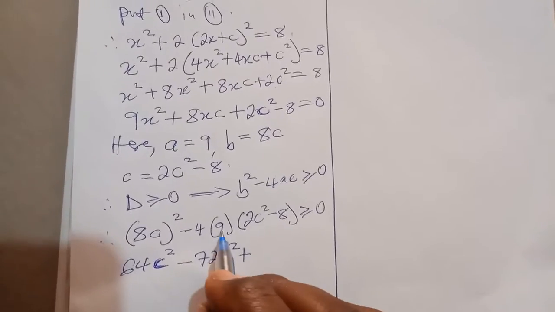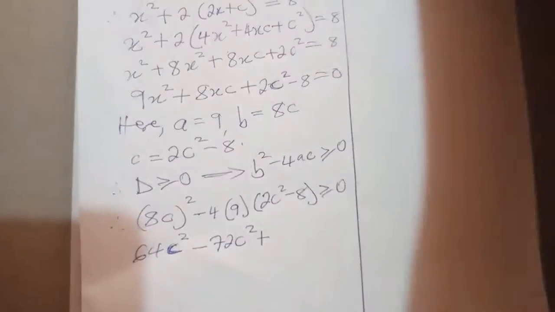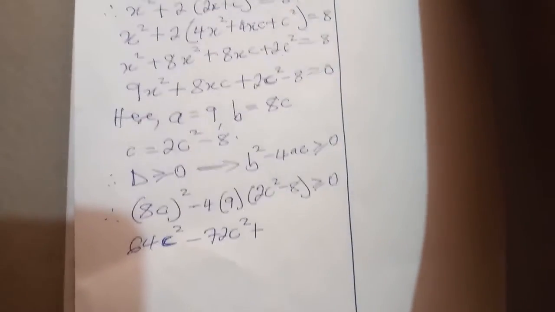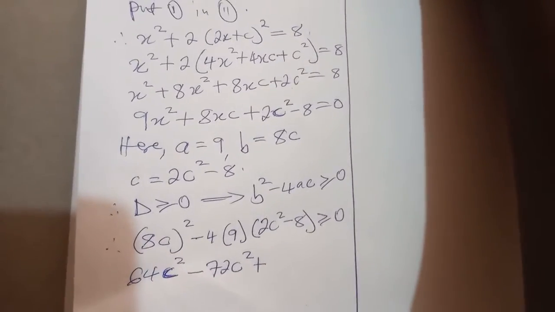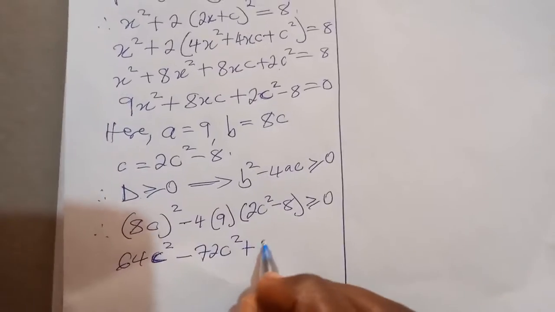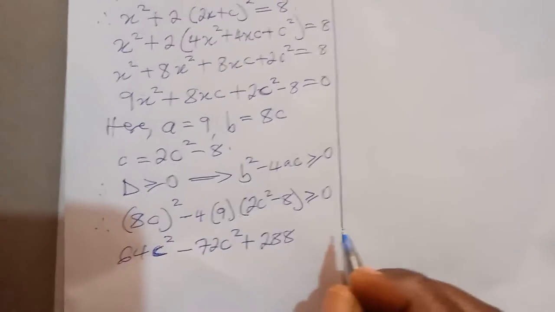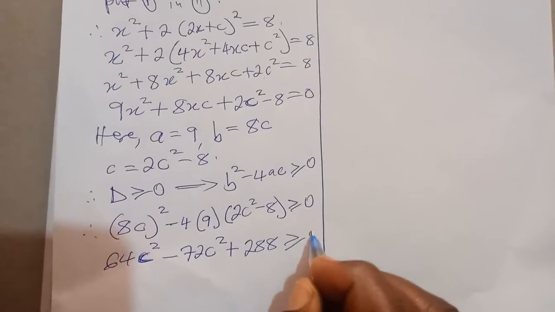We have 36 times 8, which is 288, that is 144 times 2 actually, greater than or equal to 0.